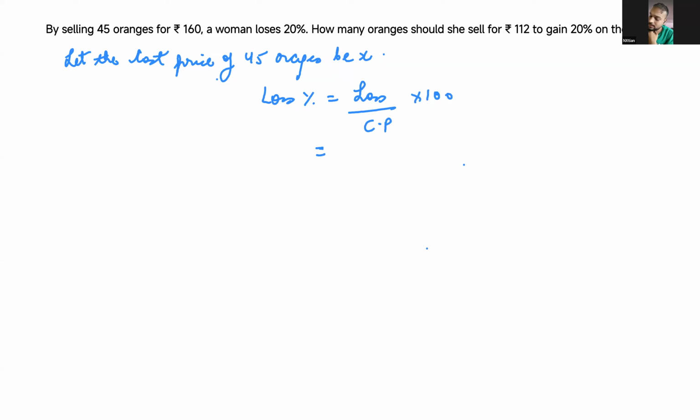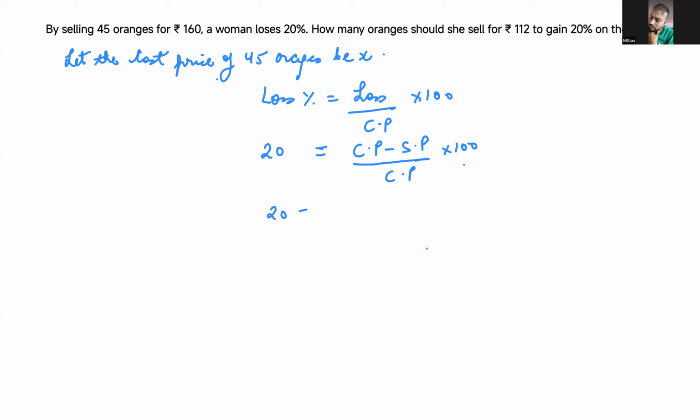Now what is the loss formula? The loss formula is CP minus SP upon CP into 100, and the loss is how much?